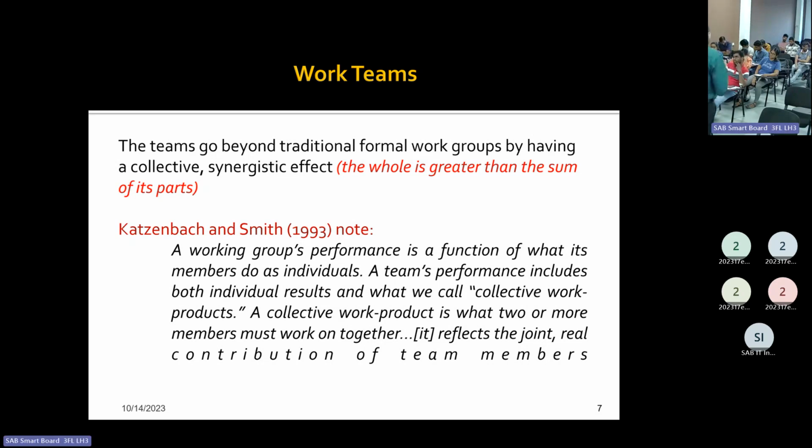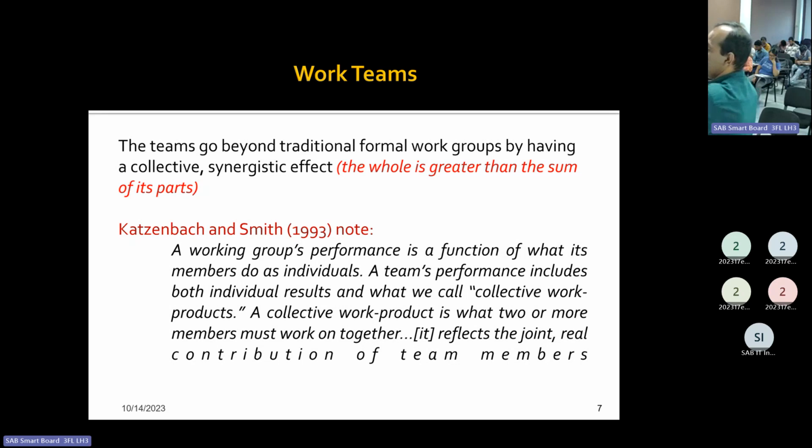The whole is greater than the sum of the parts. That is mainly in a team. In a group, members try to perform individually, independently. In a team, they have the team spirit to do things collectively, mutually. The results are higher in a team than in a group.